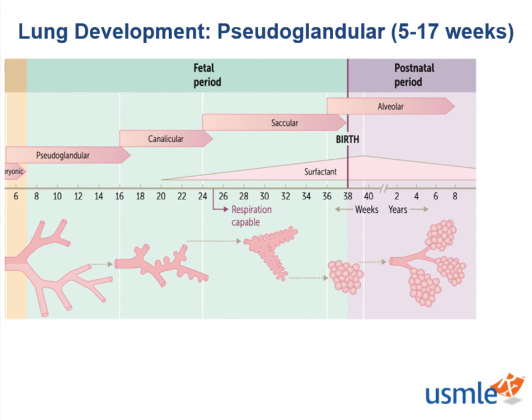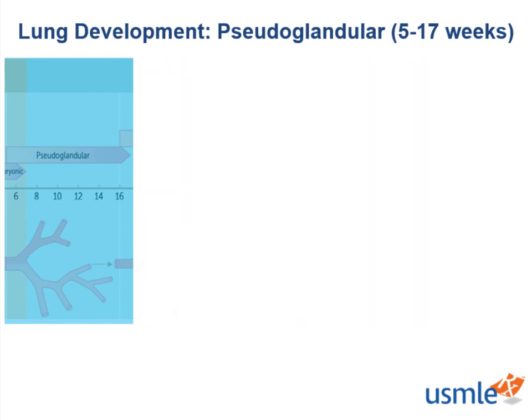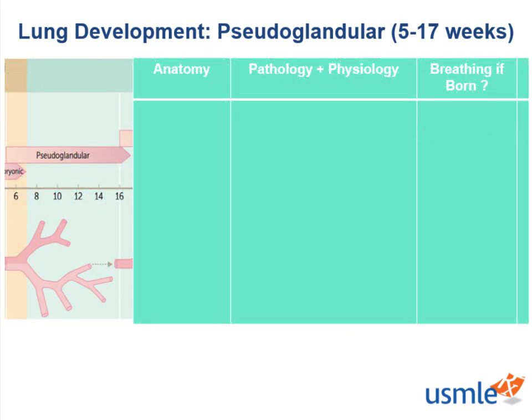Overlapping with and continuing after the embryonic period and stage is the pseudoglandular stage, which, along with 2 other stages, is part of the fetal period of development, which is characterized by continued growth of the organs formed in organogenesis in the embryonic stage. Focusing on the pseudoglandular stage, let's begin to fill out our table.